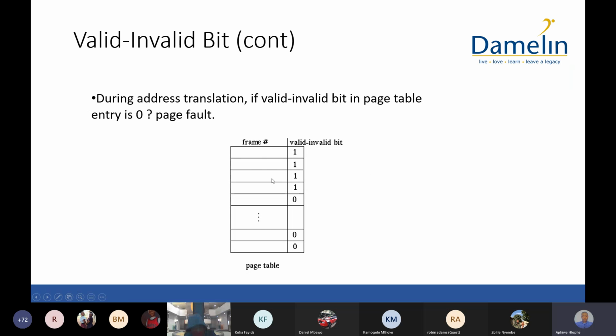So you can see from this example here that this process has, let's assume 1, 2, 3, 4, 5, 6, 7, 8 pages in total, but it's already sent the first 4, which means the paging table must be able to keep track of which pages have already been sent.